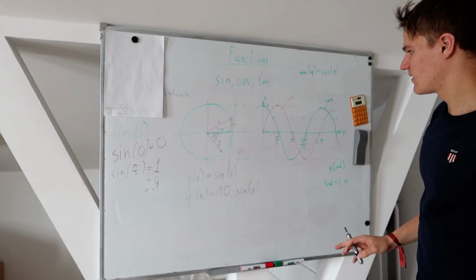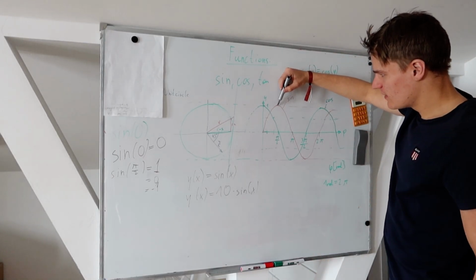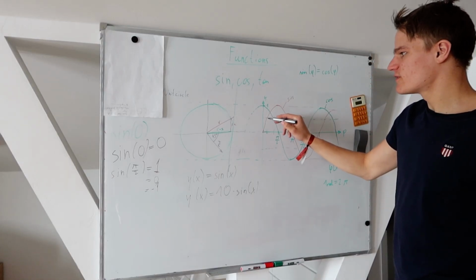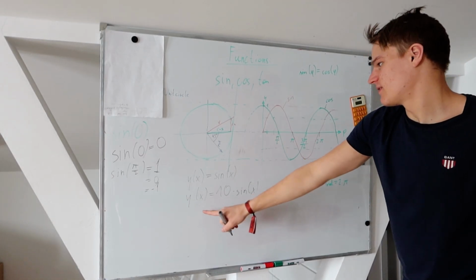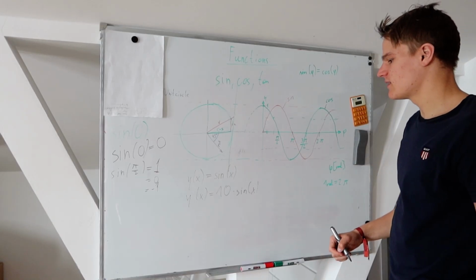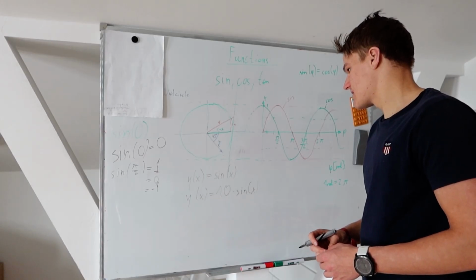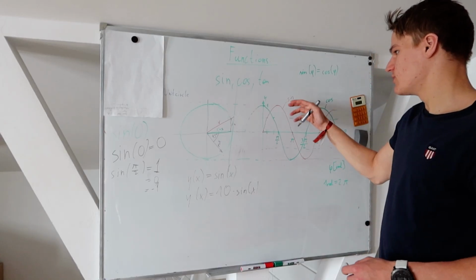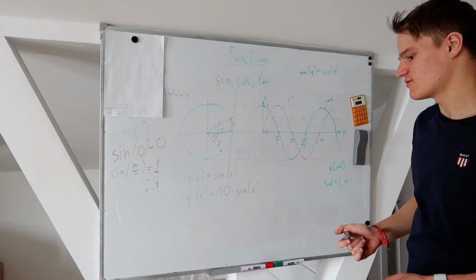Because now we stretched the whole function, and this point on the top is now 10, right? And of course this is 5, right? In this case, if you plug in pi over 6, which is 30 degrees, you get, of course, 5, right? Yeah, exactly. So you have 10 times sine of x if you want to have the highest and the lowest point at 10, right?